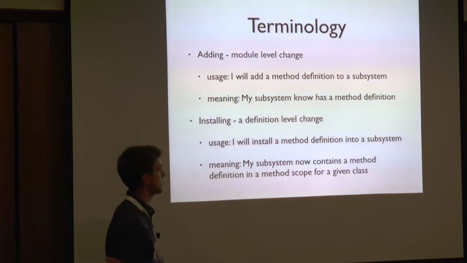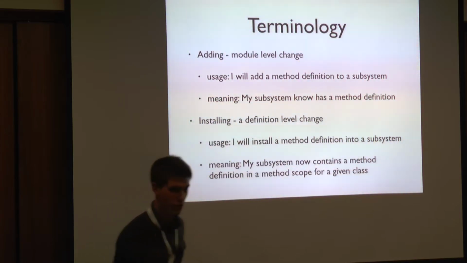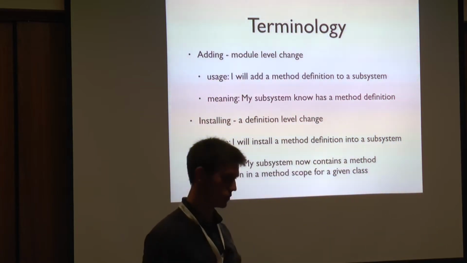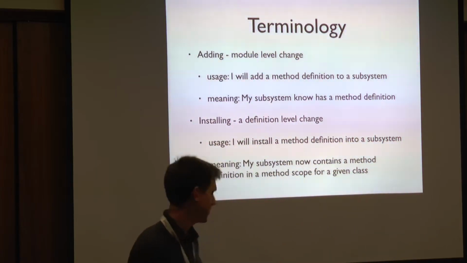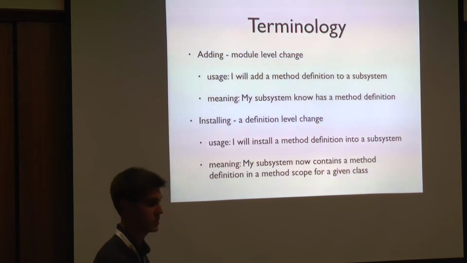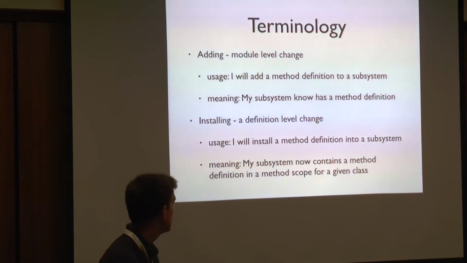So I defined some terminology to help me understand what was going on, and this made things much more clear. Before, because I didn't have the verbiage right, I was confused as to what the difference between the two was. We use "adding a definition" to mean adding a definition to a module.